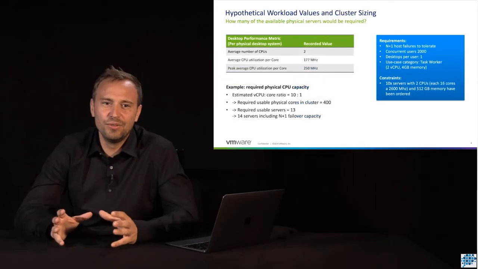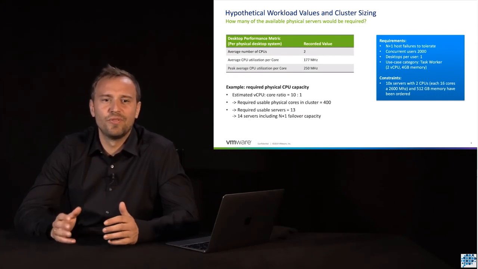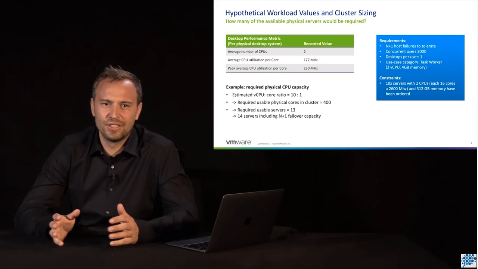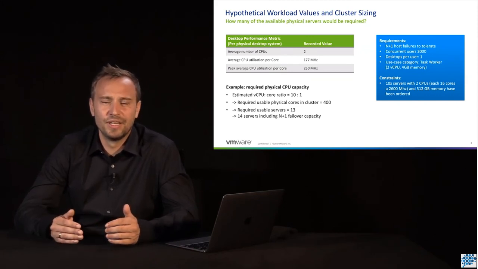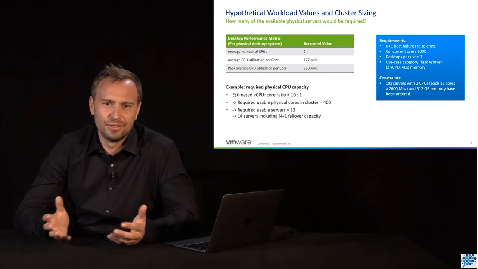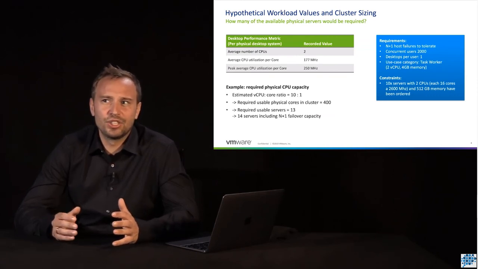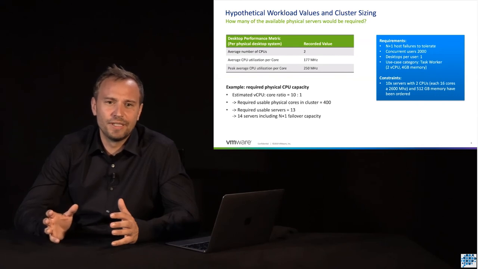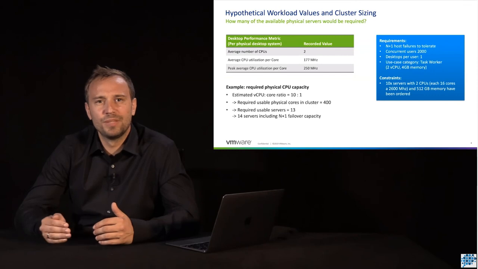And now this is really important, because now we probably have a really small headroom available for our environment. So probably the better approach would be to use 15 servers, because there might be some change in the operating system. We might migrate to a new operating system that will require more CPU cycles.